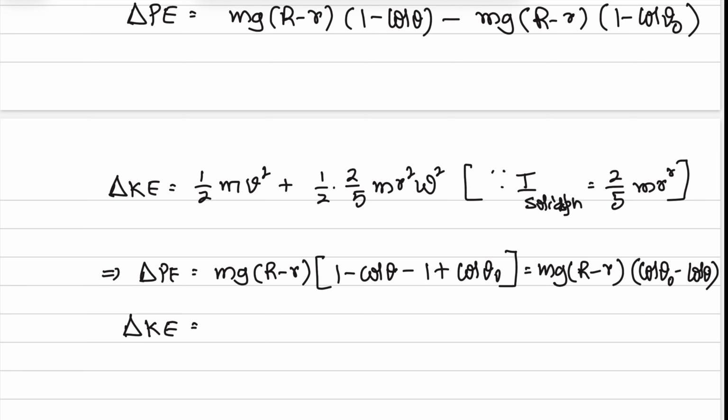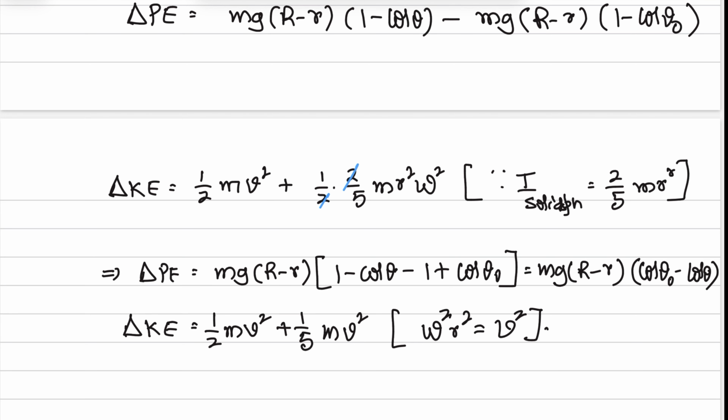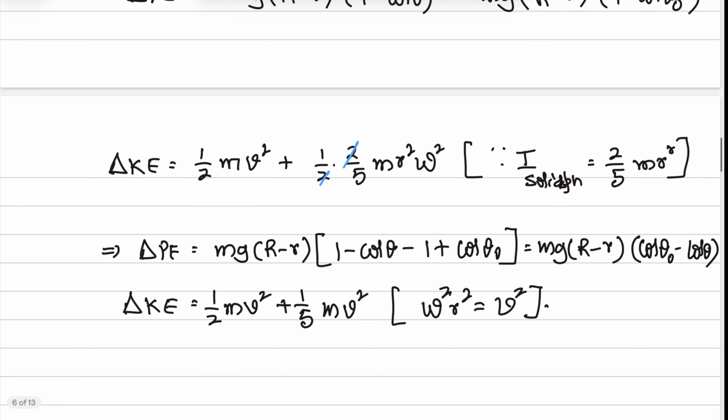Kinetic energy is equal to half mv square. The 2 into 2 and 2 get cancelled. 1 by 5 into mv square. Why? Omega square r square is equal to v square, since v is equal to omega r.